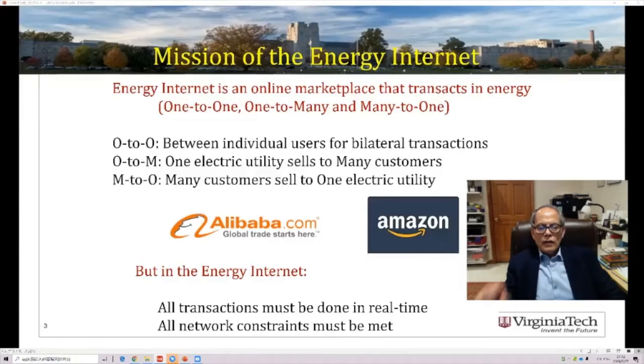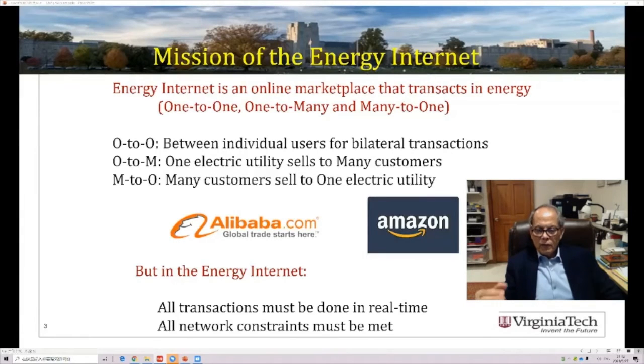There are three levels: one-to-one, one-to-many, and many-to-one. One-to-one means between individual users for bilateral transactions. For example, you go to Alibaba, one person is selling a very special book, and you want that book.